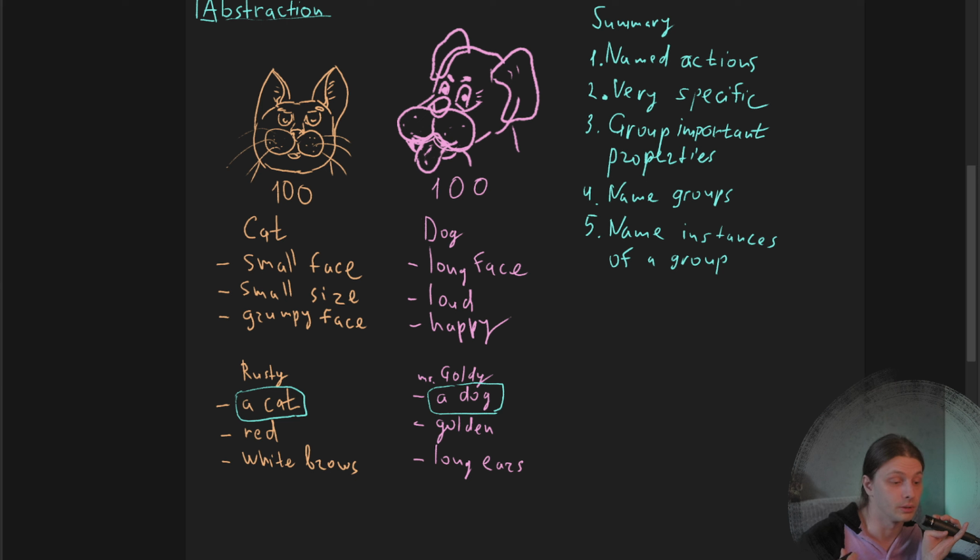But when we talk about a cat as a biological species, we would select different properties. Maybe, I don't know, I'm not a biologist or a doctor, but I'm pretty sure they will select much more different properties for their purposes.